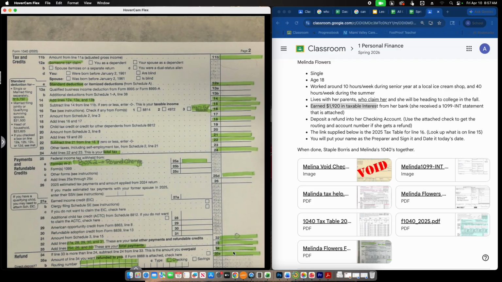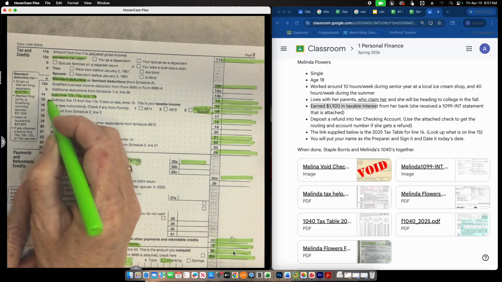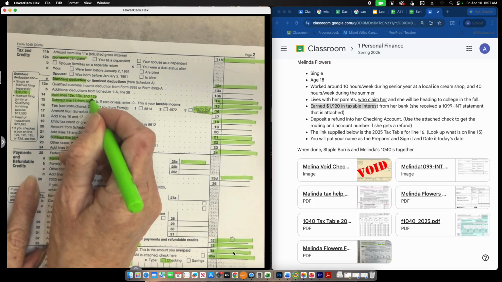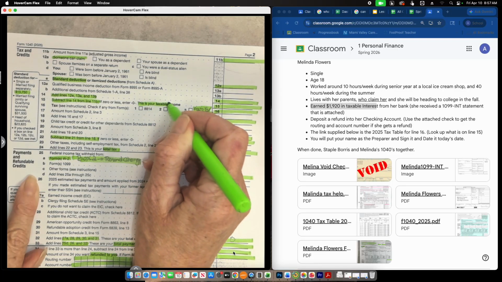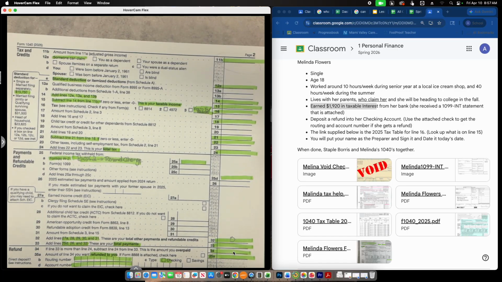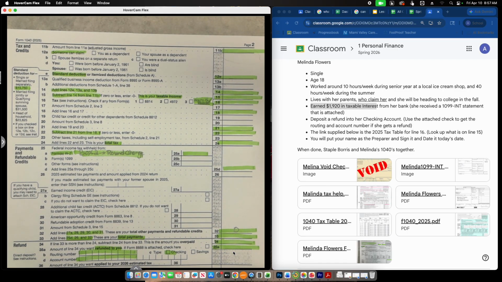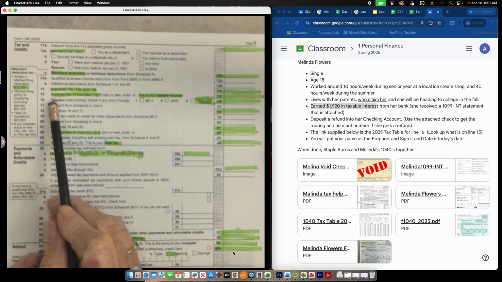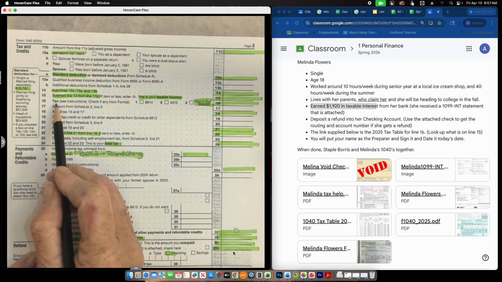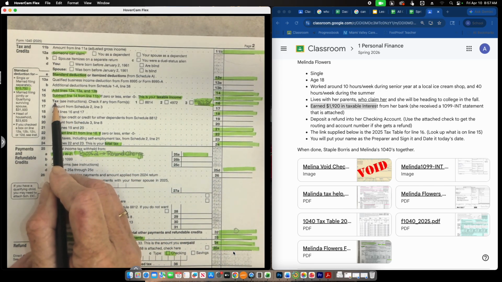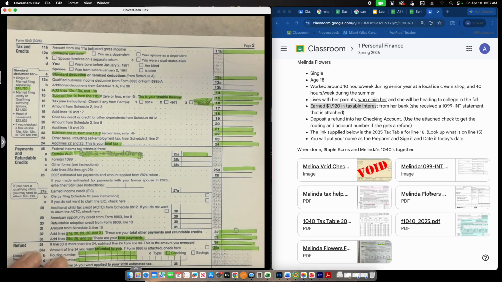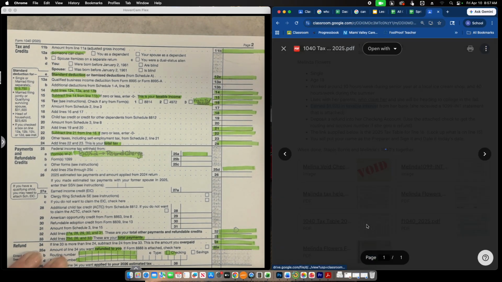You have to pay attention to the instructions. So this says subtract this, and this is your taxable income. So pay very close attention. Now you're going to go to the tax table. So we will go over here and you will pull up the tax table.